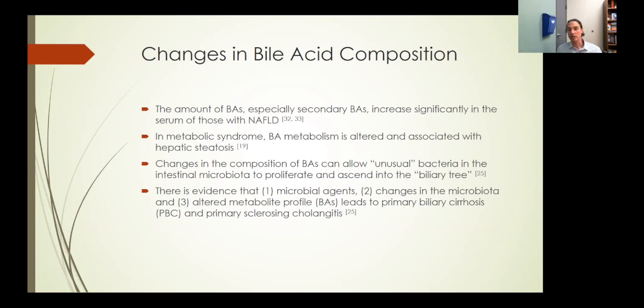Changes in the composition of bile acids can allow unusual bacteria in the intestinal microbiota to proliferate and ascend into the biliary tree, creating inflammation and a dysbiosis in that biliary tree. And there's evidence that 1, microbial agents, 2, changes in the microbiota, and 3, altered metabolite profile of bile acids can lead to primary biliary cirrhosis and primary sclerosing cholangitis. So it shows that these microbial agents can promote liver disease.